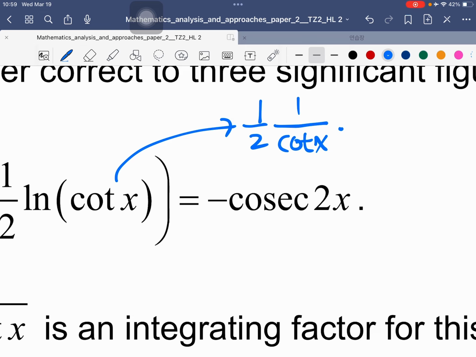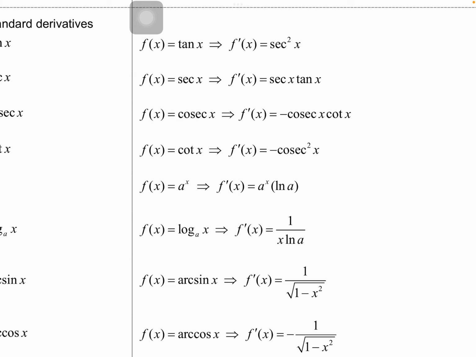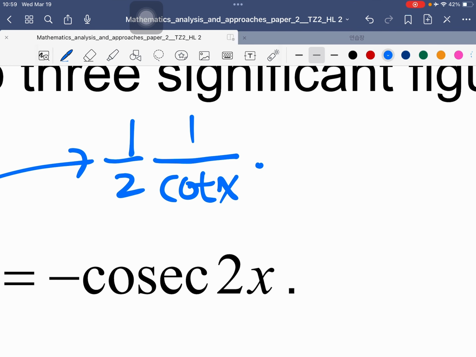So differentiating cotangent of x, I need to see the formula booklet. Differentiating cotangent of x will give us negative cosecant squared x. So negative cosecant square of x.